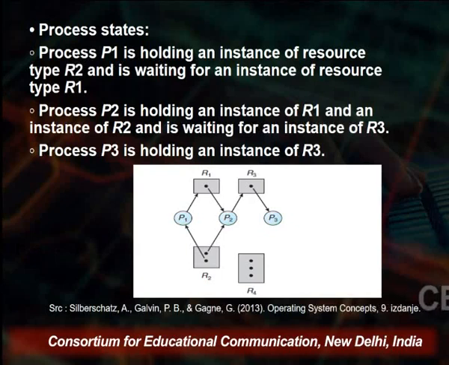Likewise, process P2 is holding an instance of the resource R1 and it is waiting for an instance of the resource R3, and process P3 is holding an instance of the resource R3. So, we can see that this graph shows which process is waiting for which resource and which process is holding on to which resource.